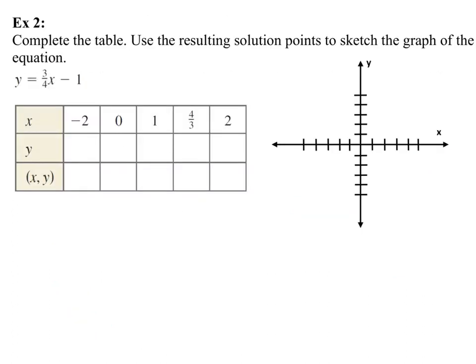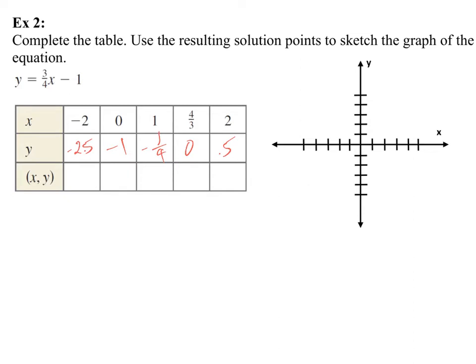All right, for this example, they give us a table, and they give you particular x values. You have to plug those in and figure out what the y values are. Okay, so plug it in, plug it in, plug it in each time and figure out what the y values are. And we get negative 2.5 for the first, negative 1 for y for the second, negative 1/4, 0.5.